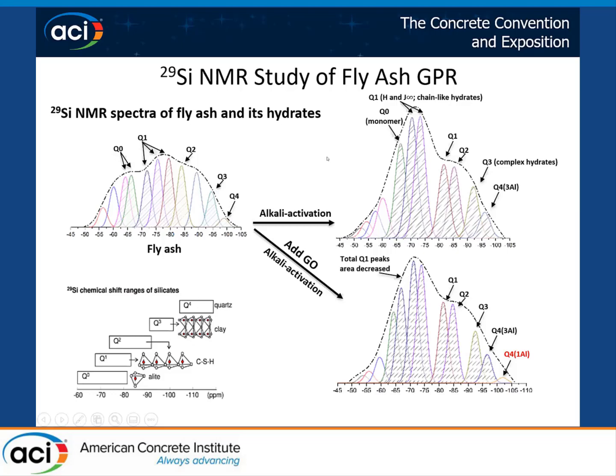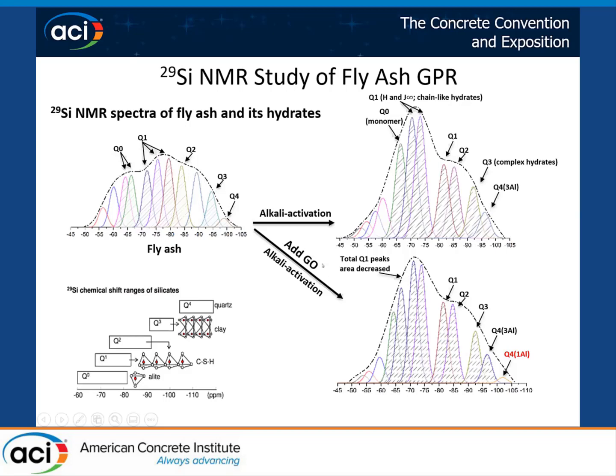That means after being attacked by alkaline, the fly ash broke into many small parts. So the increase in Q0 and Q1 we can attribute to the breaking of fly ash. The increase in Q3 and Q4 we can attribute to the repolymerization of the small units.